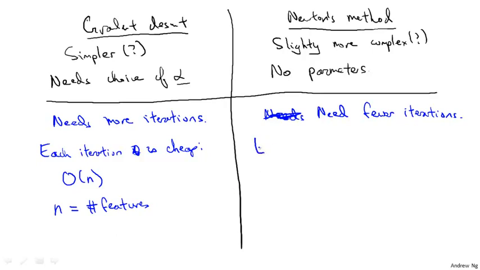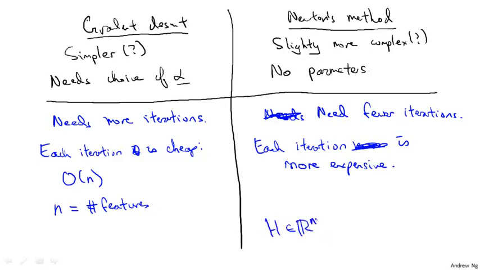In contrast, for Newton's method, each iteration is relatively more expensive. In particular, you need to take the Hessian matrix, which is an n plus 1 by n plus 1 matrix, and you need to compute the inverse, right? So the cost of inverting a matrix is, let's say, roughly O of n cubed. It's not really, but it's close enough. And so the cost per iteration of Newton's method is therefore higher.